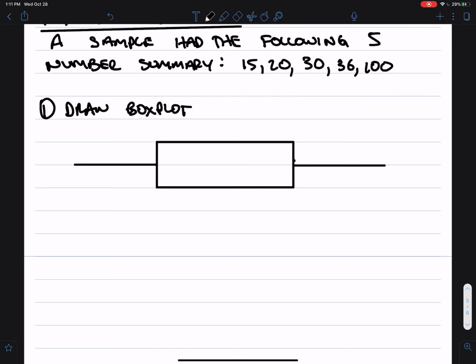And then remember that on the very bottom, we put our minimum, which is 15. Max would be 100. Q1 would be 20. Q3 would be 36. And the median is closer to 36. So we're going to put the 30 right here.